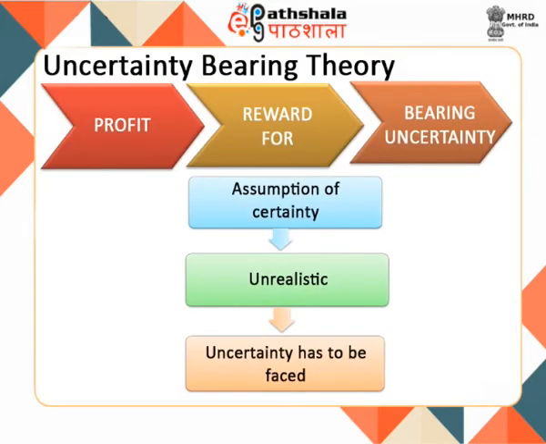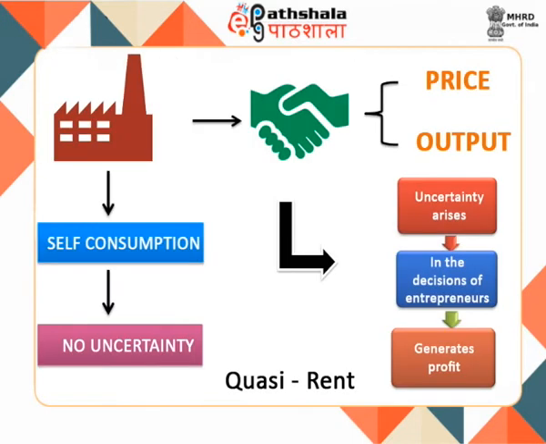Uncertainty bearing theory. Professor Knight suggests that profit is the reward for bearing uncertainty. In the theory of production, the assumption of certainty is somewhat unrealistic, as with the progress of the economy, the entrepreneur has to face uncertainty in the sphere of production. When production takes place simply for self-consumption, there is no uncertainty.